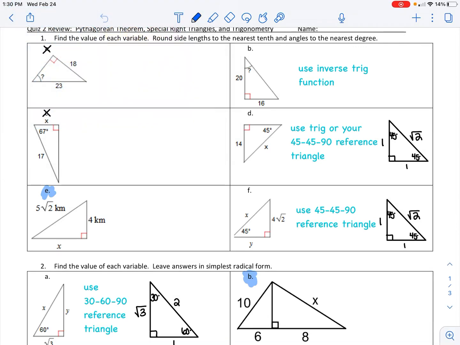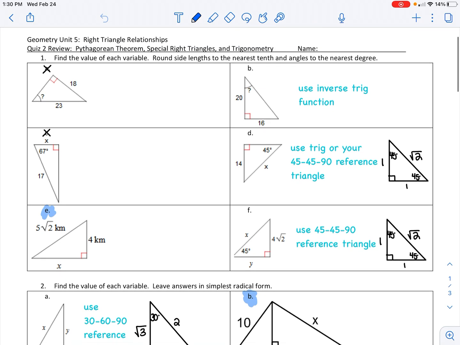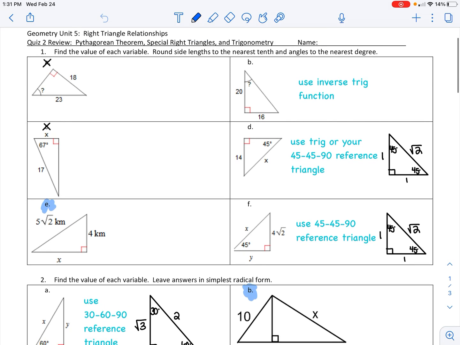All right, so I am going to be going over number 1E of the first part. We did 1A and 1C in class. For the other ones, B, D, and F, I have given you directions on how to get started. For B, you're going to want to use the inverse trig function.